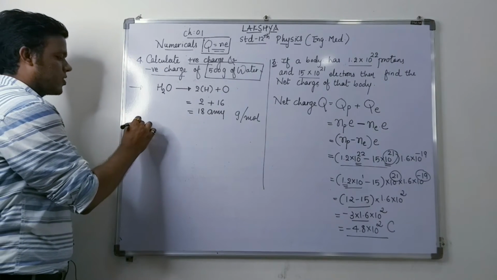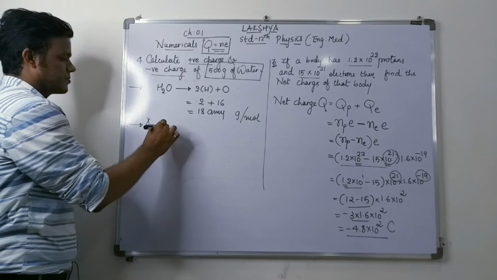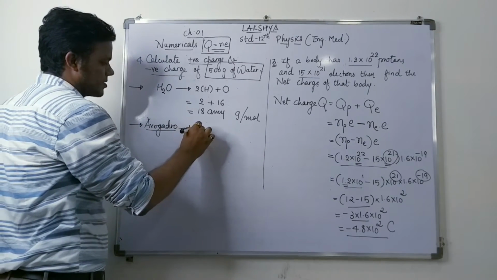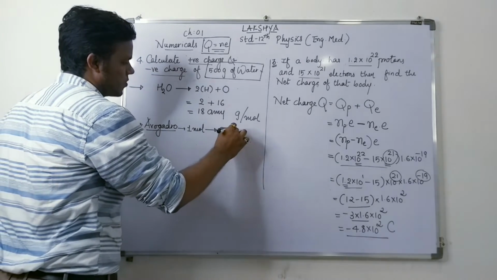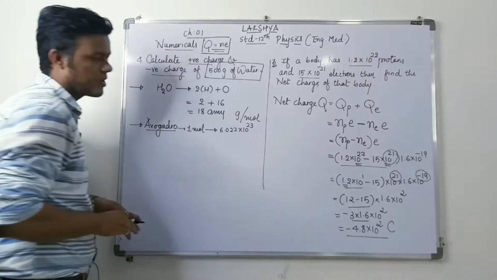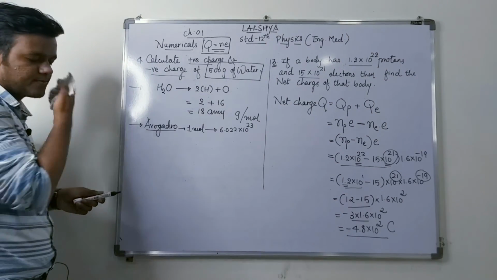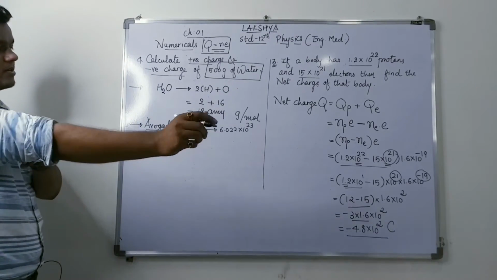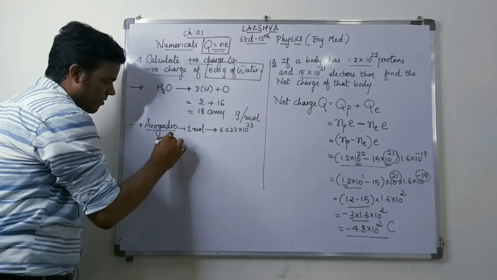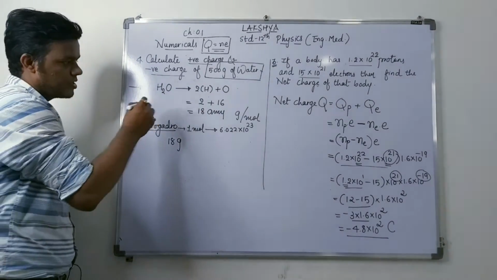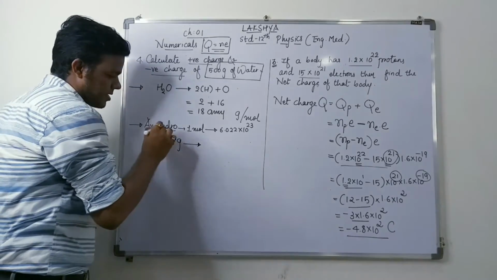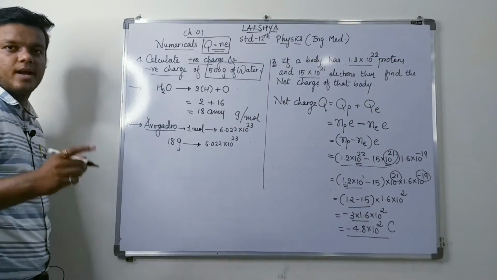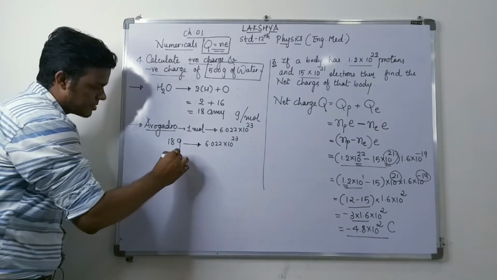Now, according to Avogadro, 1 mole of any substance has 6.022 into 10 raised to 23 molecules. That means 18 gram of water, it is 1 mole, has 6.022 into 10 raised to 23 molecules.